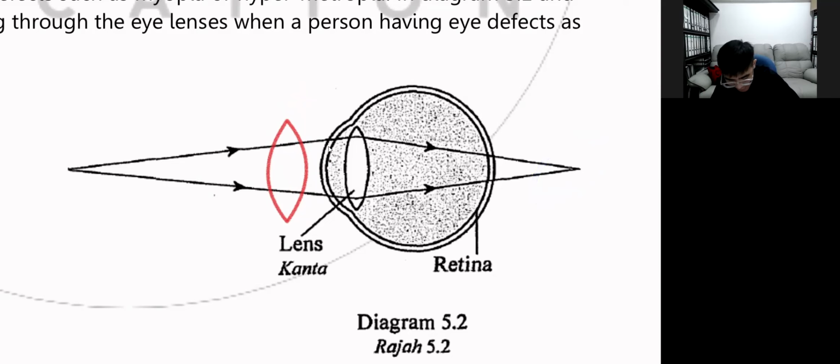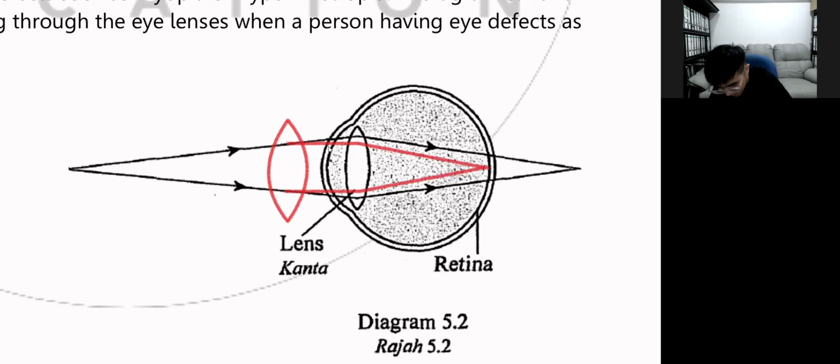If you are wearing a convex lens, the convex lens will focus the light ray. From the original pathway, the light rays will be focused, and then after the light rays go into the eye, they will be focused again. So focus and focus, two times focus, because a convex lens is a converging lens.